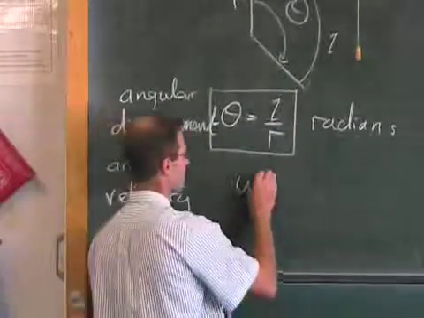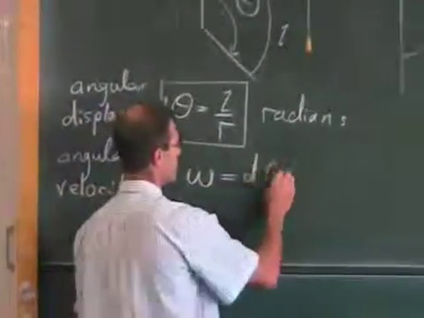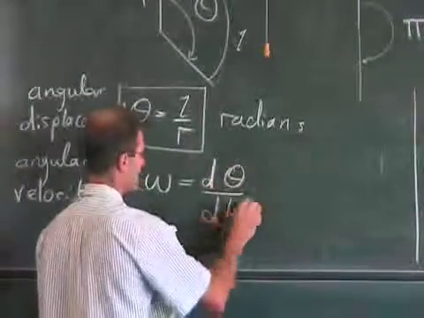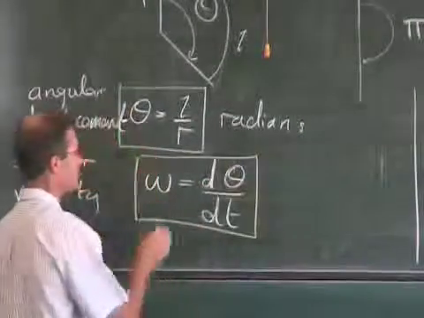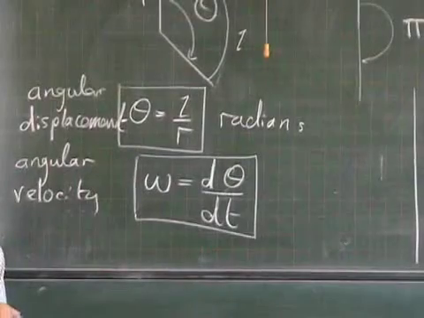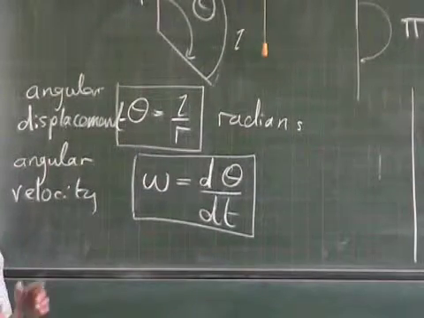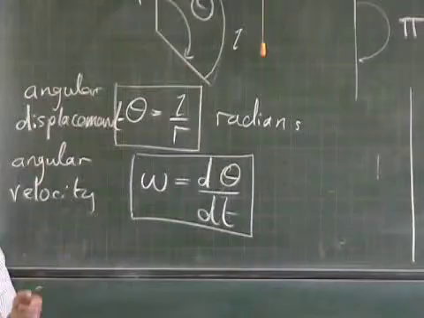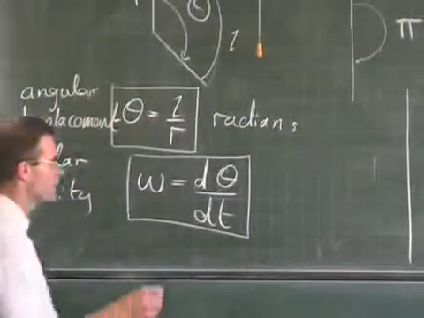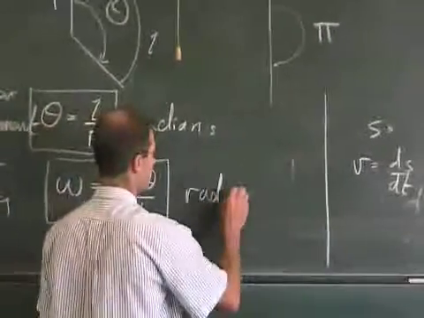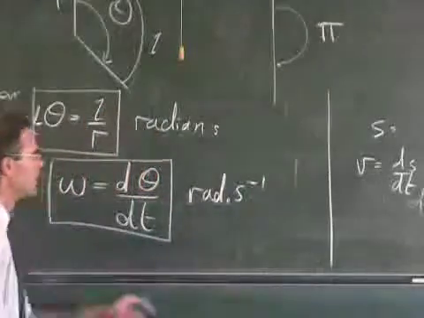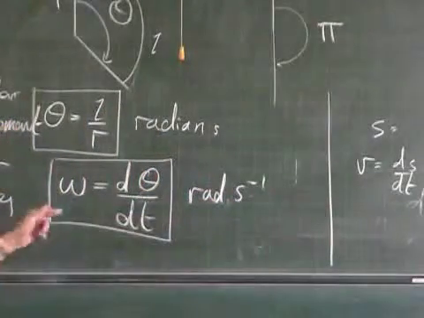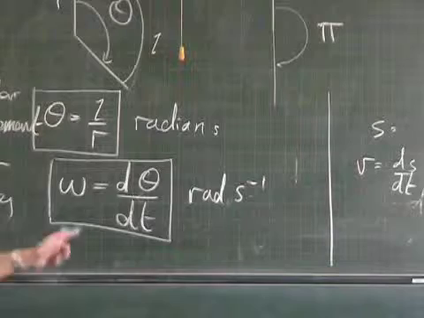So angular velocity omega is d theta by dt. And the units for angular velocity, the number of radians that this is going to cover per second, you're going to get radians per second, okay? So rad seconds to the -1, that's your angular velocity and the units. That's what we're after this morning.